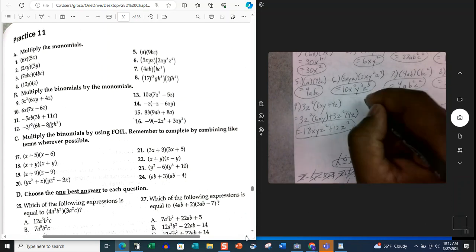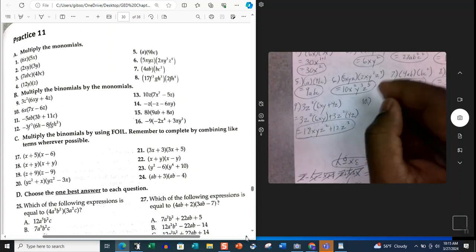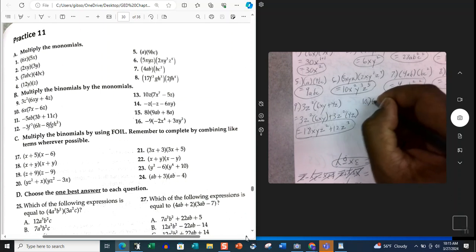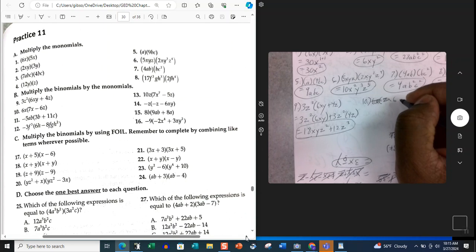Okay, number 10. We have 6x times 7x. Wait a minute, I wrote that wrong. We have 6x times 7x minus 6z.